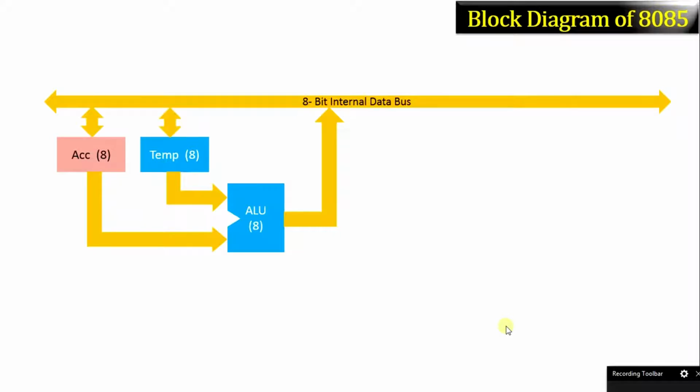If we want to perform arithmetic or logical operations on various data and we want to store some other data, we need again a group of registers. These registers are here. We have 8-bit registers called B, C, D, E, H, L, and another one is the flag register.